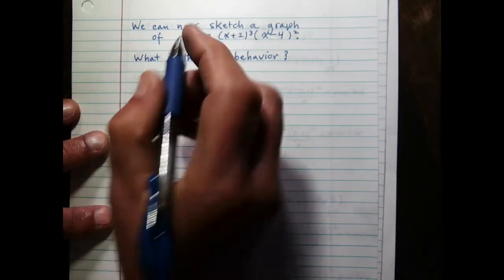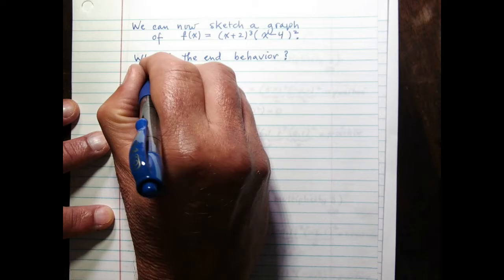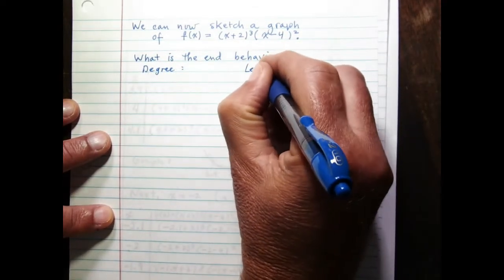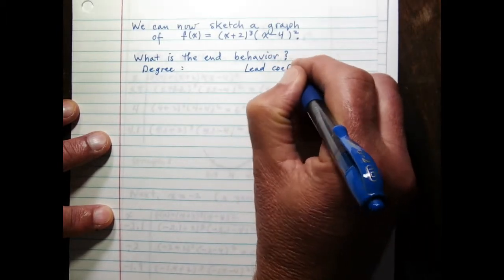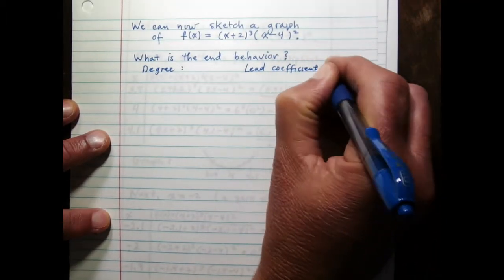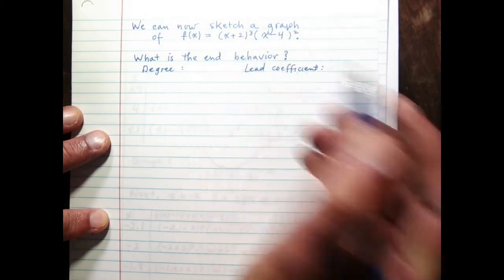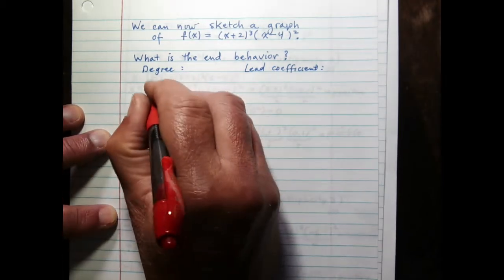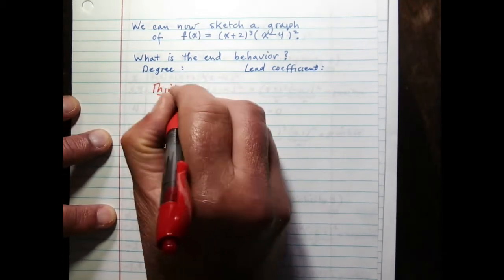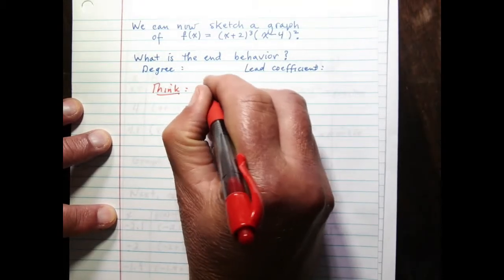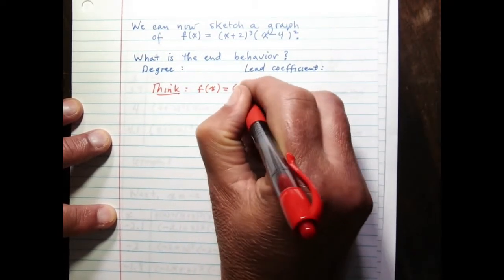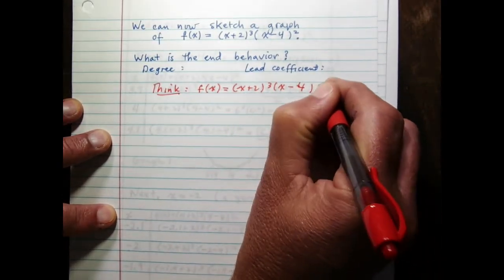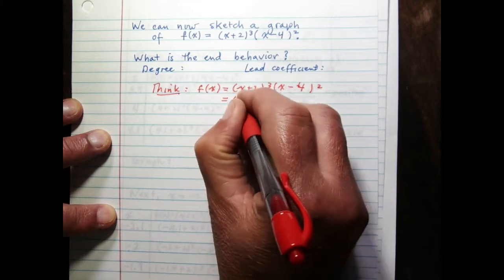In order to get the end behavior, I need a degree and I need a lead coefficient. Now, we're used to seeing the degree when the polynomial is multiplied out. And I don't want to actually multiply this polynomial out. I want to just be able to think about what it would come out to be if it were multiplied out.